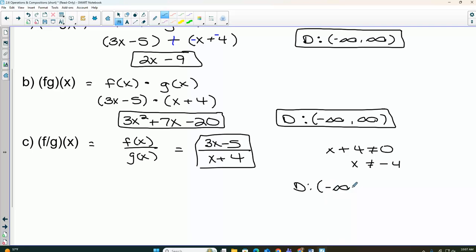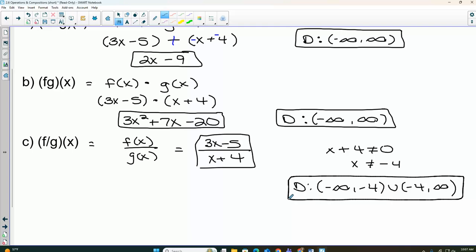So negative infinity to negative 4, union negative 4 to infinity. So we can leave it in terms of x if asked to do so. In domain, if I ask for domain, same rules as yesterday. Look for your fractions and radicals. Any issues with this?